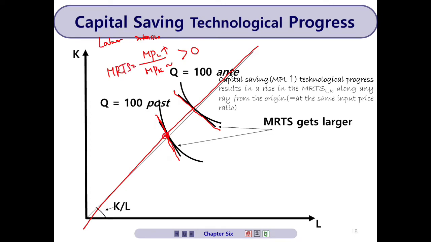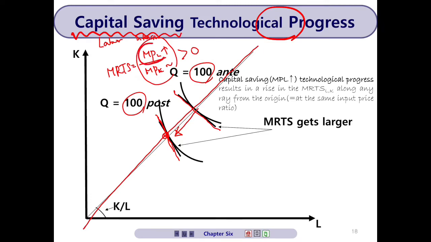It's this one, right? So with technological progress, we're going to shift the isoquant for the same amount after the change, and also we want to tilt the shape according to the way the MPL changes.